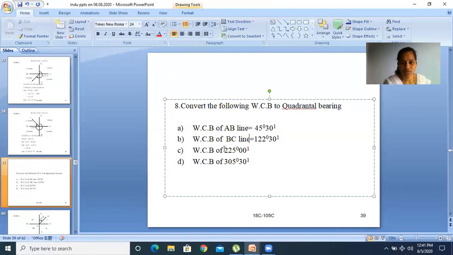WCB of CD line is equal to this. WCB of BE line is equal to this one.